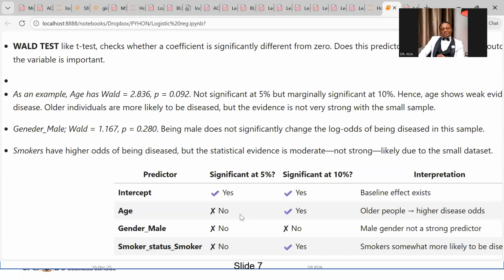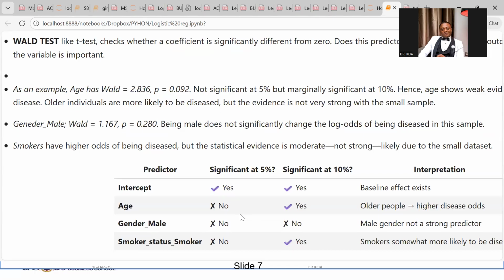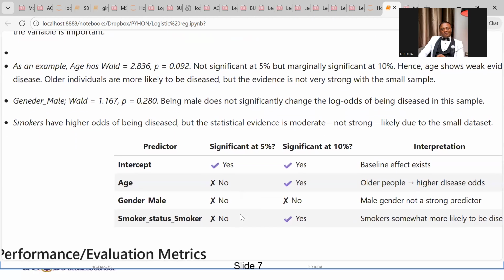So we can summarize these things for your understanding. In this example, those that are significant was just the intercept. Then those significant at 10%. If you are significant at 5%, you're automatically significant at 10%. So you can see that the last one, smokers, is significant at 10%.